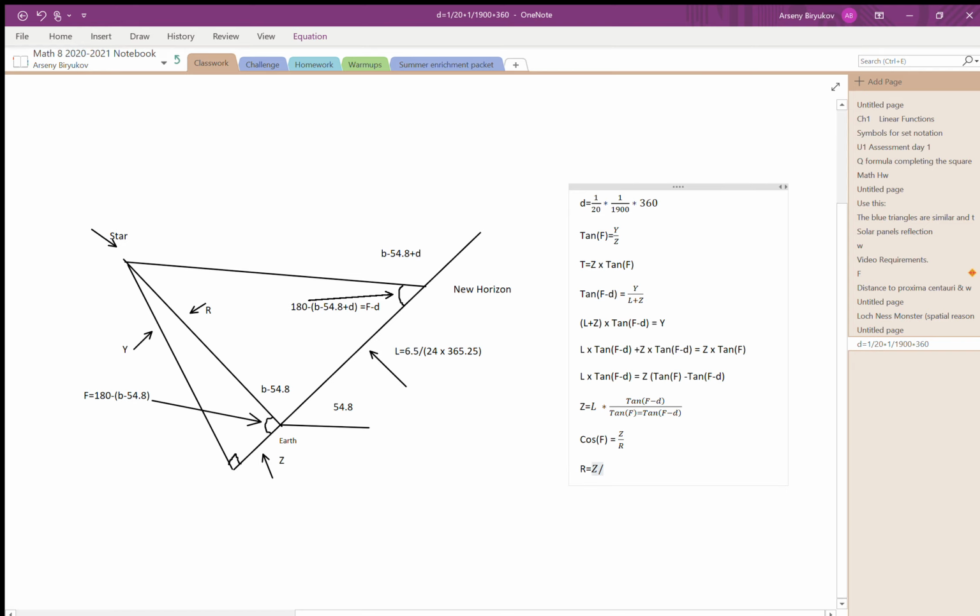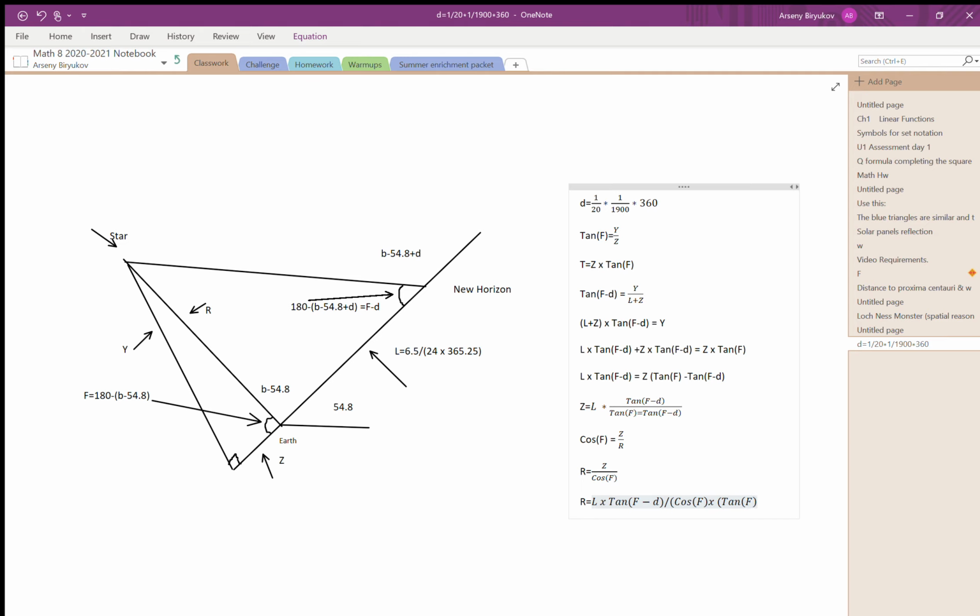Since we know what z is equal to, we can make our final equation of r is equal to L times tangent of (f minus d) divided by (cosine of f times (tangent of f minus tangent of (f minus d))).